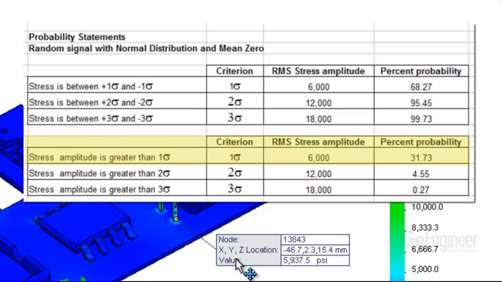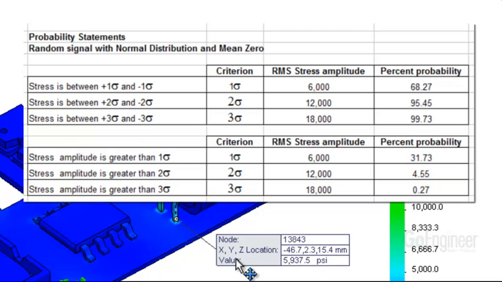Alternatively, the probability the stress will exceed 6,000 psi is about 32%. For a 3 sigma criterion, the probability that the stress is somewhere between plus 18,000 psi and minus 18,000 psi is about 99.7%. Alternatively, the probability the stress will exceed 18,000 psi is about 0.3%.